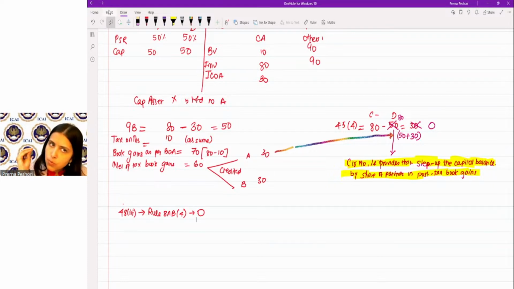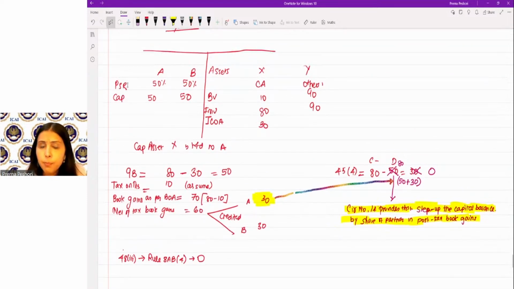My capital balance was 50. I have credited this amount, 30, to my capital balance. So 50 plus 30, 80. Then this post-tax book gain, you reduce it from 80. Clear?